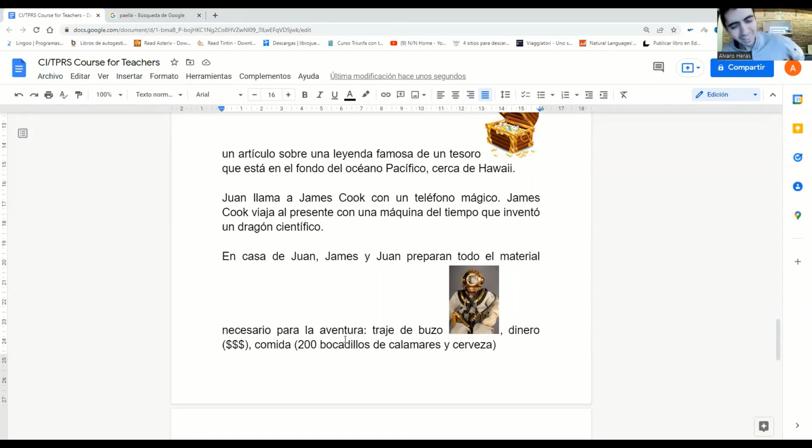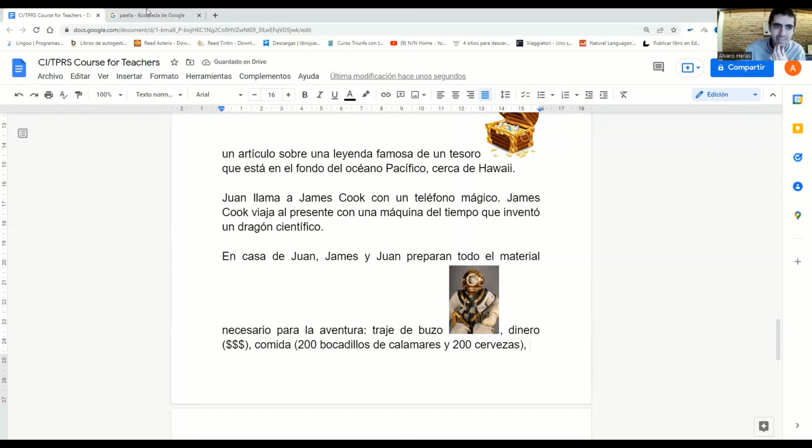Okay. Things that sound ridiculous, but I think it adds interest to the story, right? Yeah, it makes it so interesting. 200 bocadillos de calamares y 200 cervezas, por ejemplo, ¿no?